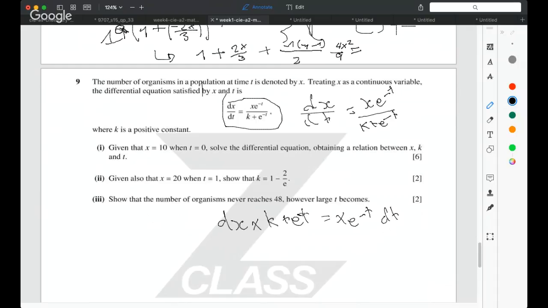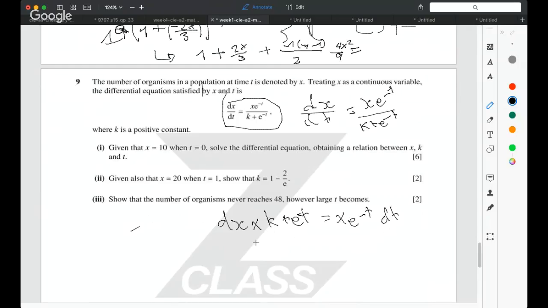Divide by x. So you divide everything by x, and then on the right hand side you only have t, right? And on the left hand side, which terms have t? Not your equation, but the original equation: dt. So you just move the dt to the right.